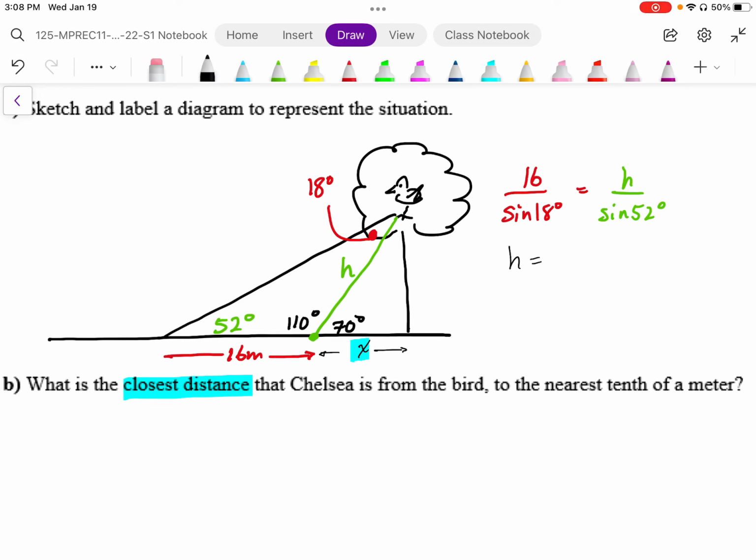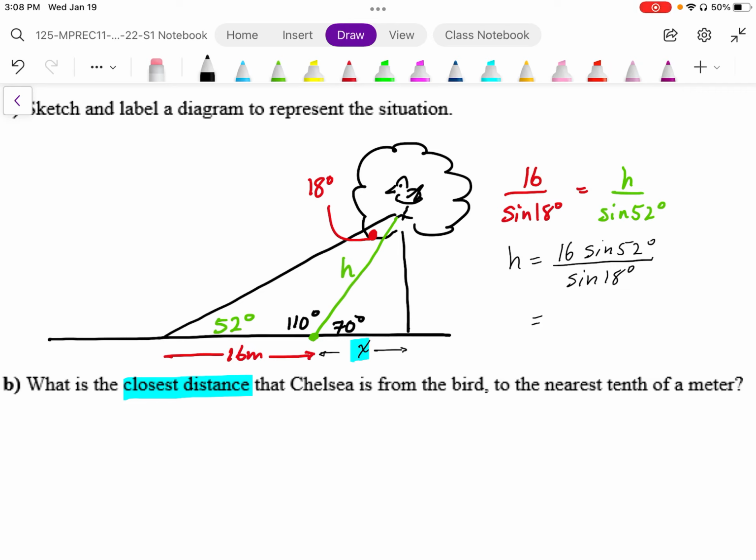So the h is equal to, I have 16 over sine 18 degrees, and I'm going to multiply both sides by sine 52 to get rid of the divide by sine 52. And I can just work this out.